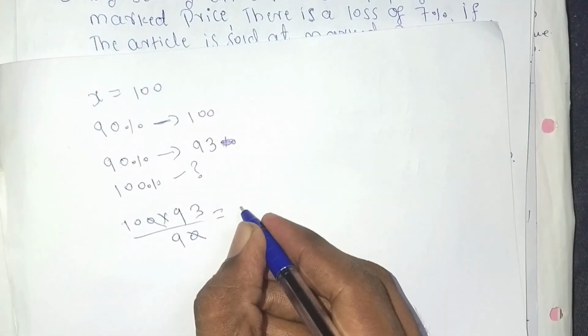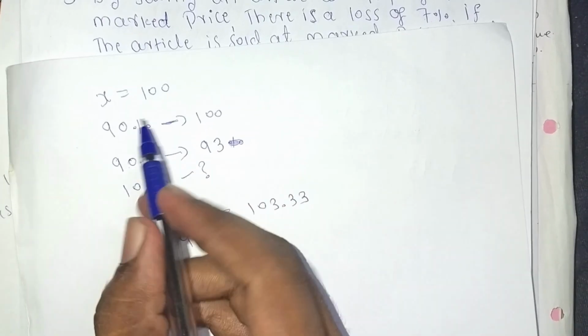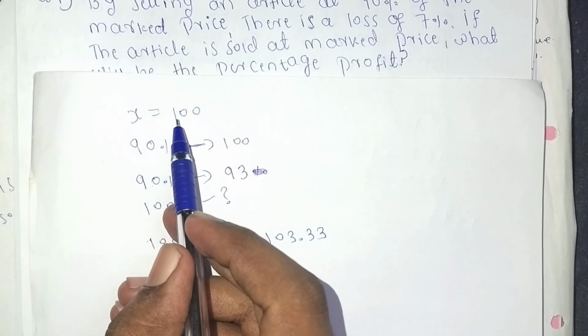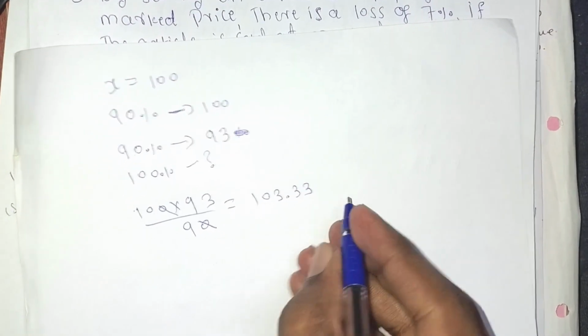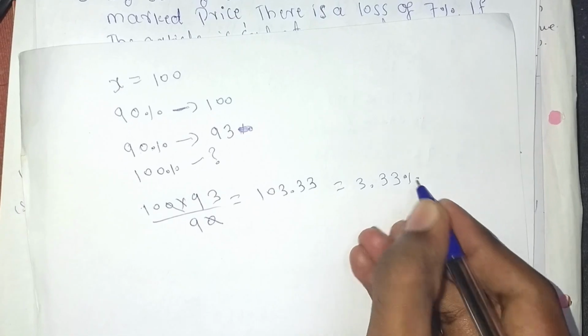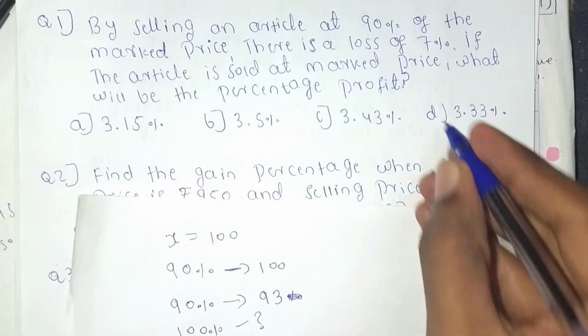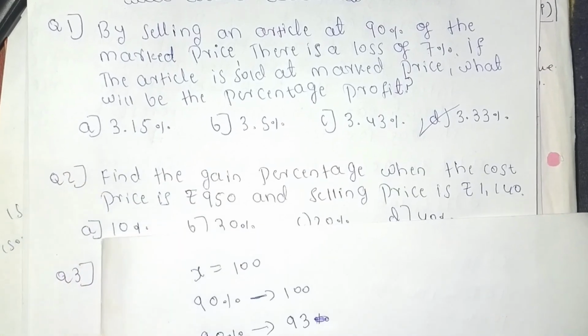This is 103.33. So the market price is 100 rupees, and we get 103.33, so it means we will get 3.33% of profit. Where is 3.33? Here. So the first question is option D.